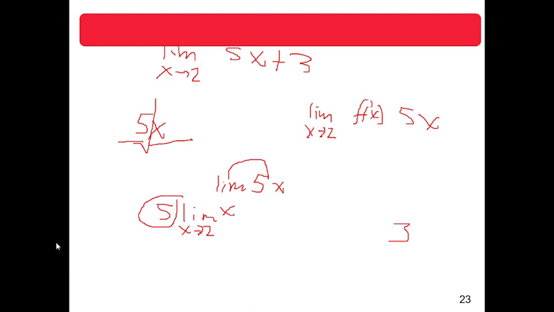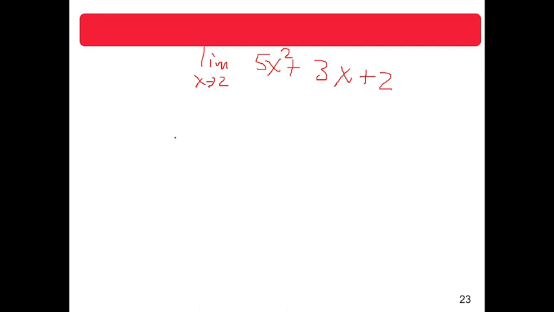So what if, Sir Jai, how are we going to deal with values like 5x squared plus 3x plus 2? Let's combine terms, for example. If we are going to find the limit of this function as x approaches 2, it is as simple as substituting.